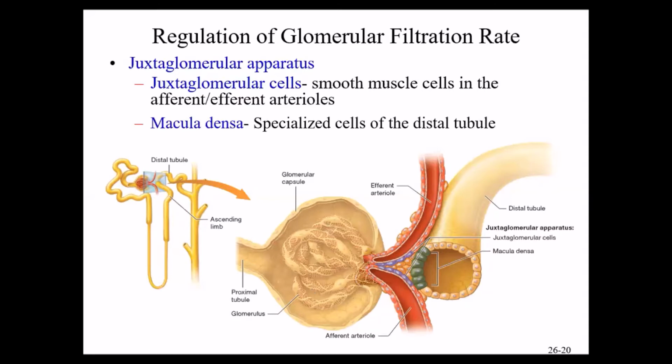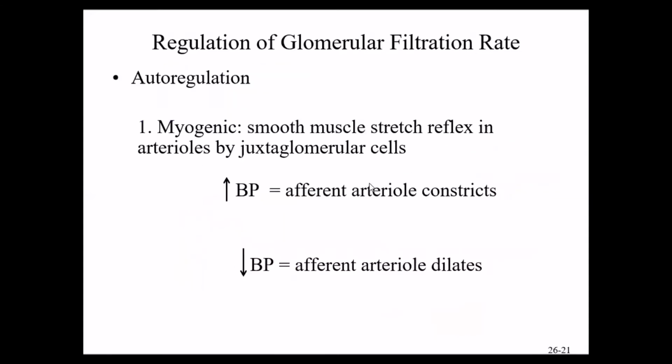All of this system is trying to regulate the production of filtrate by controlling how much blood flow is going into the renal corpuscle versus how much is coming out. So this is called autoregulation.